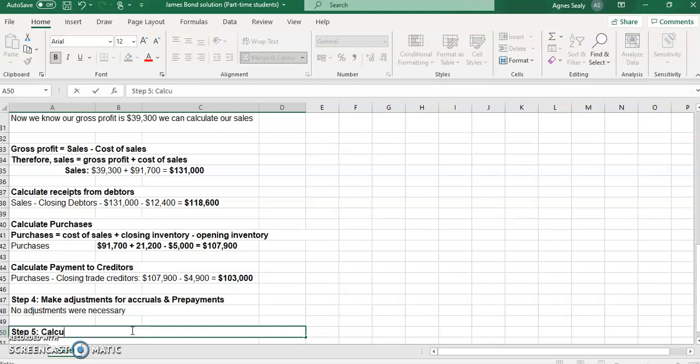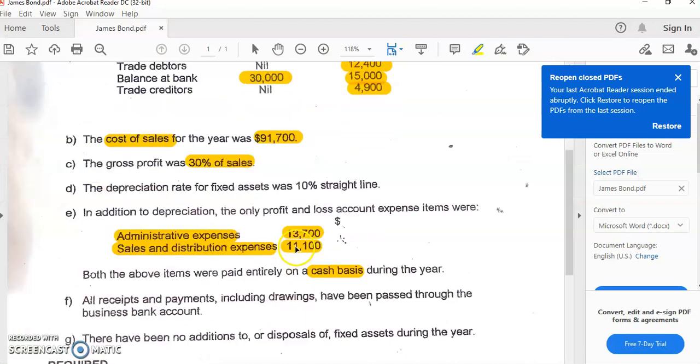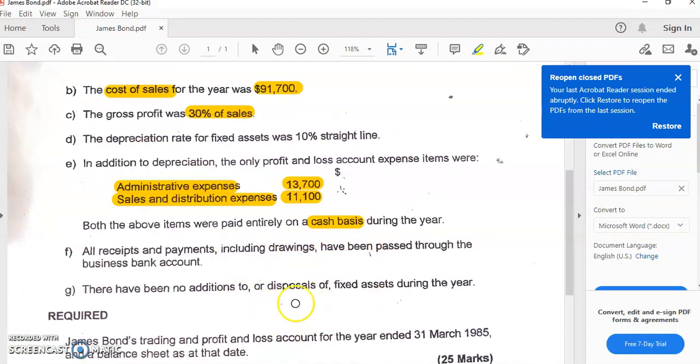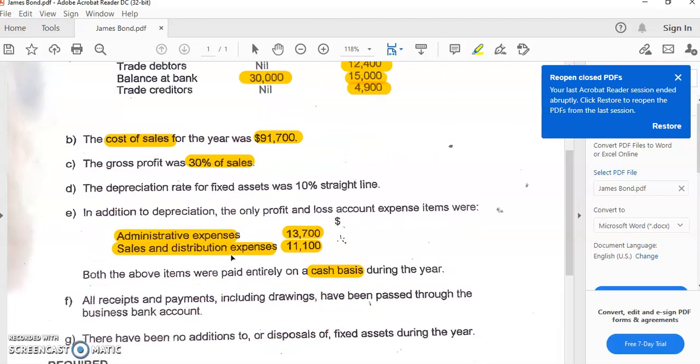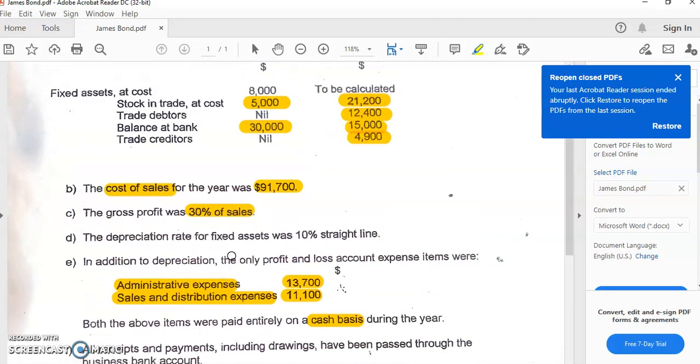Then we can go on to our step 5, which is to calculate allowance for doubtful debts, depreciation, etc. Right? Any other thing you need to calculate. So in this question, we don't have any allowance for doubtful debts to calculate, because they didn't mention anything about allowance for doubtful debts to be created.